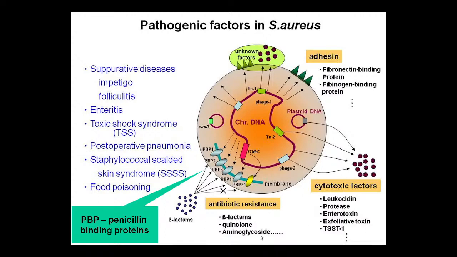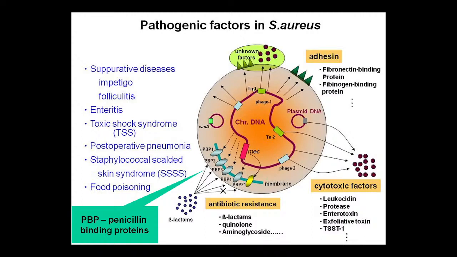Then, of course, antibiotic resistance is tightly connected with, for example, the plasmid that may cause resistance to methicillin, and also the plasmids that govern the production of beta-lactamase against beta-lactam drugs and other antibiotics.